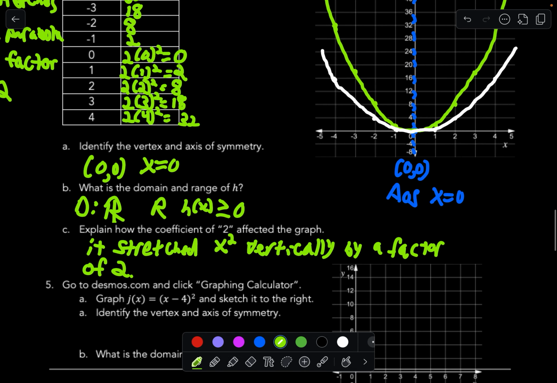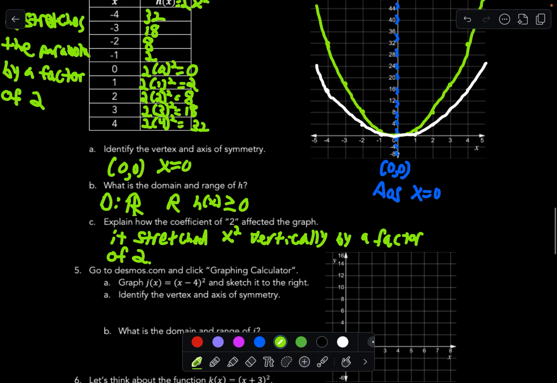Okay? So you see when there's a number multiplying, notice on the original graph, we start at 0, we go over 1, and we go up 1. We go over 2, 2 squared is 4, we go up 4. Over 3, 3 squared is 9, we go up 9. And so forth.